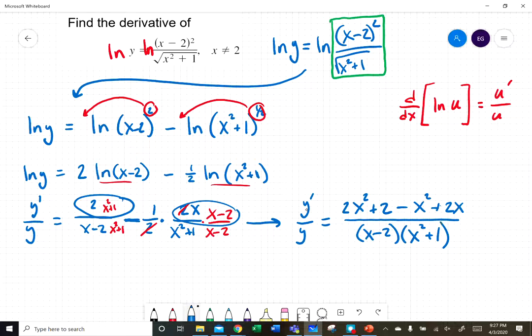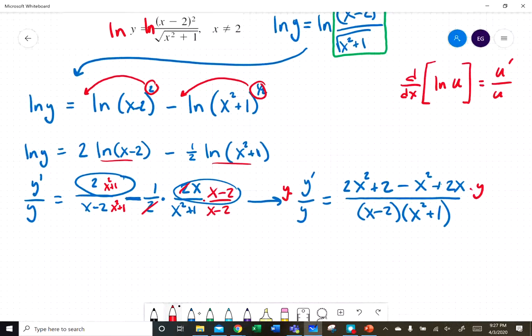All right, so our goal is to find the derivative, which means find y prime. So our goal is to solve for y prime, as we have a y here on the left. Let's get rid of that y. We can multiply both sides by y. So y prime is equal to y times, well, let's see, we could combine some like terms here.